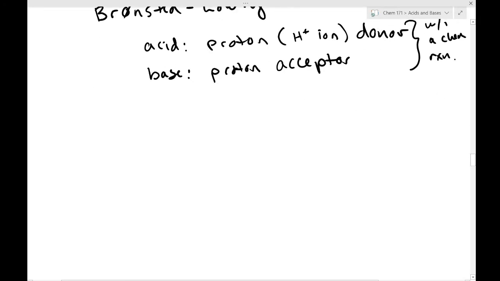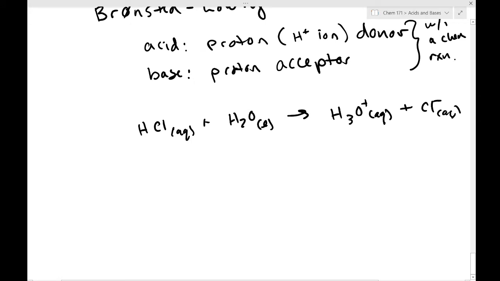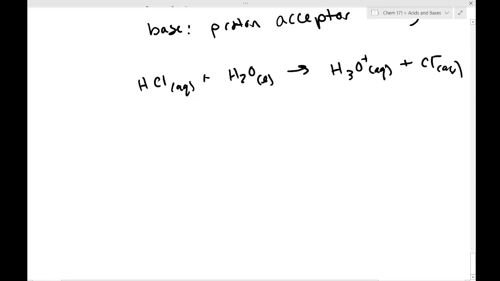For example, if we have a reaction between HCl in aqueous suspension plus H2O liquid to form H3O plus in aqueous suspension and Cl minus, okay, so right here we have the thing that donates the proton.